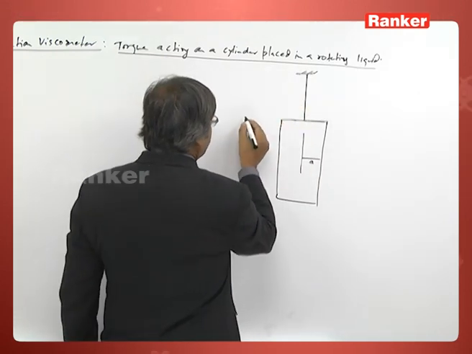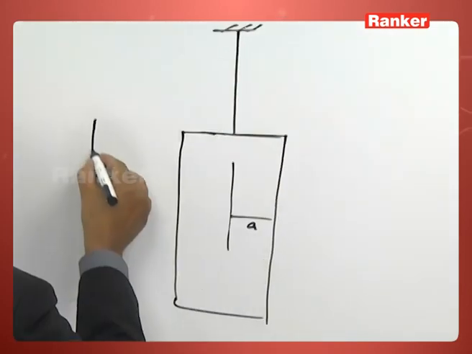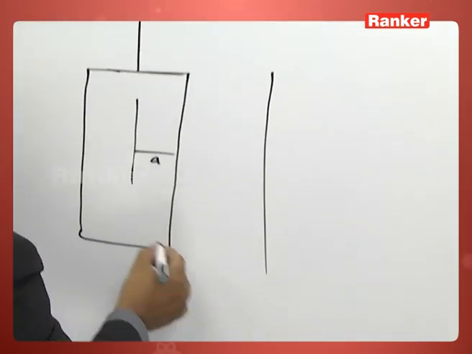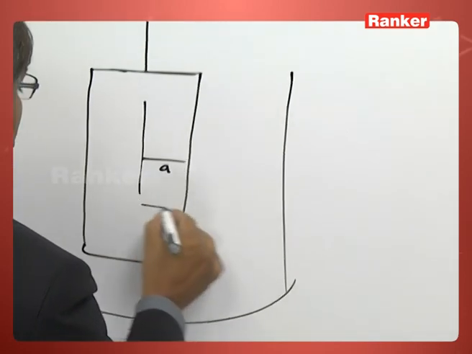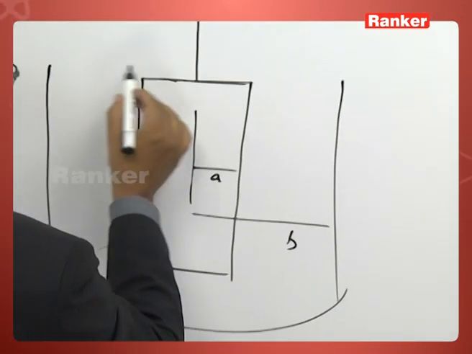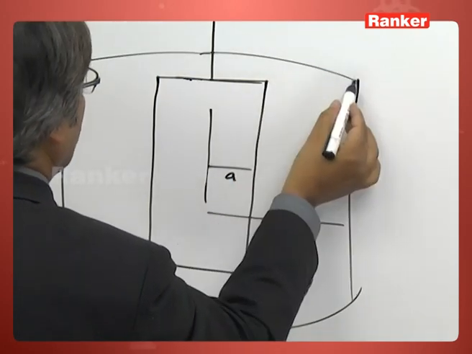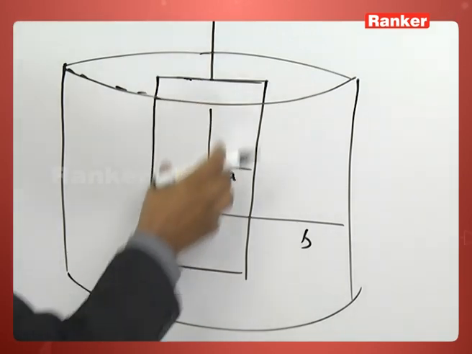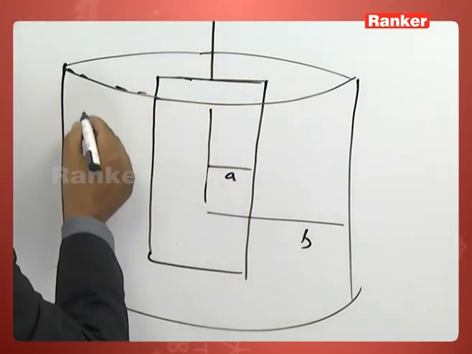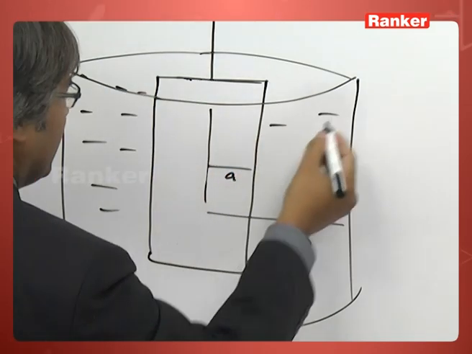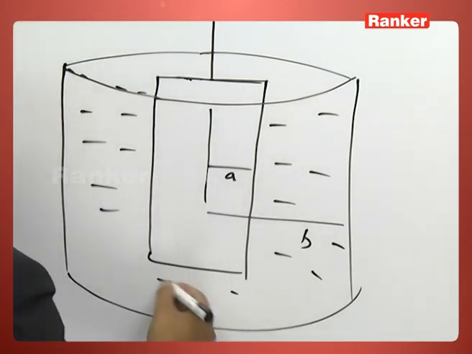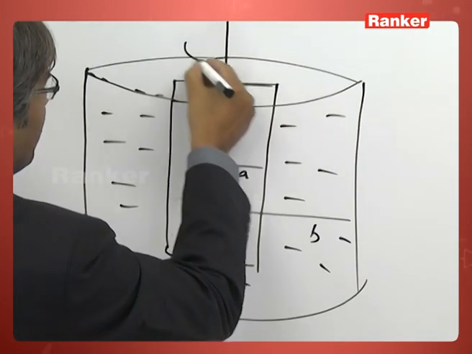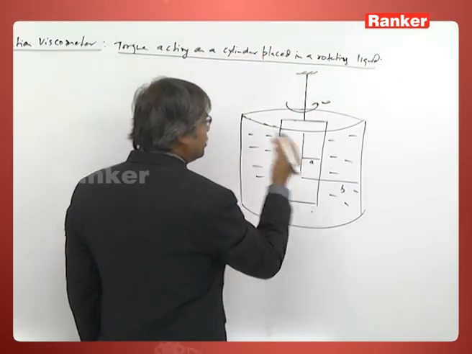Now you see, this is placed inside a bigger cylinder of outer radius B, and in between the two cylinders we have a fluid. We continuously give an angular velocity omega to the outer drum.